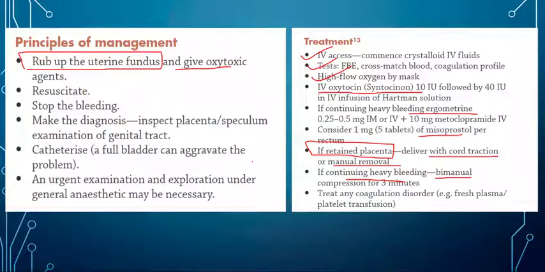In between, if the patient has a full bladder, you should also catheterize the patient. If the placenta is delivered, you should also inspect the placenta to find out if it is complete or some part is still there. You should also do a speculum examination of the genital tract to rule out any genital tract laceration.